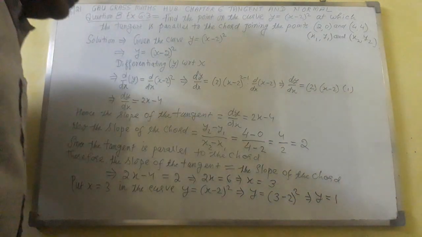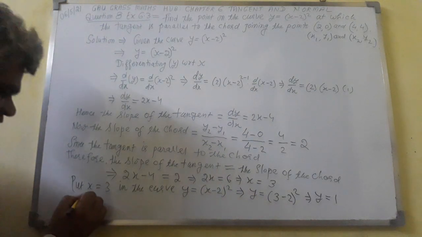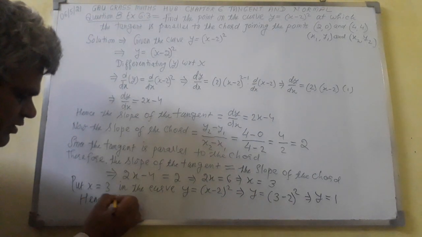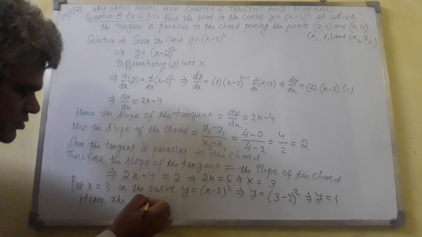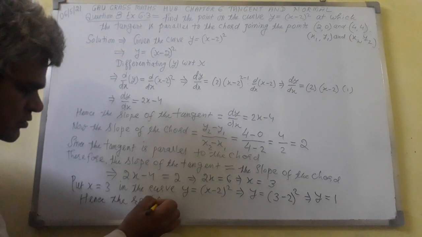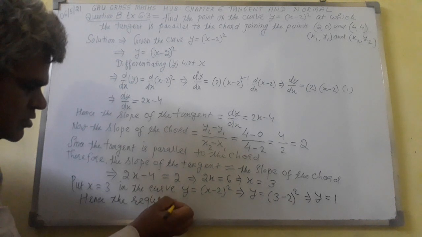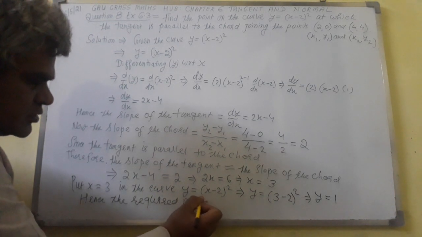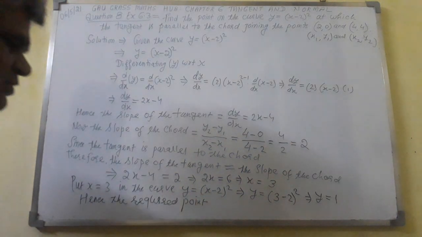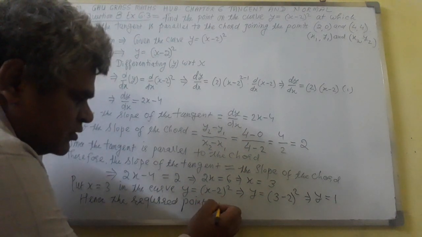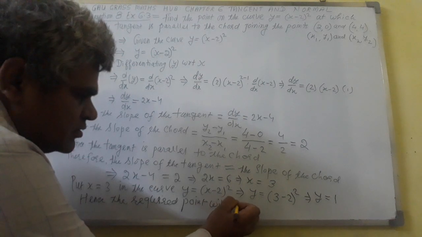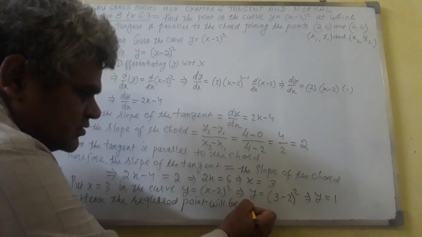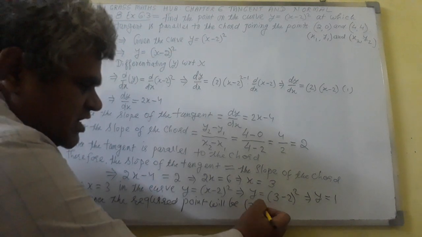Hence the required point will be: abscissa will be 3 and ordinate will be 1.